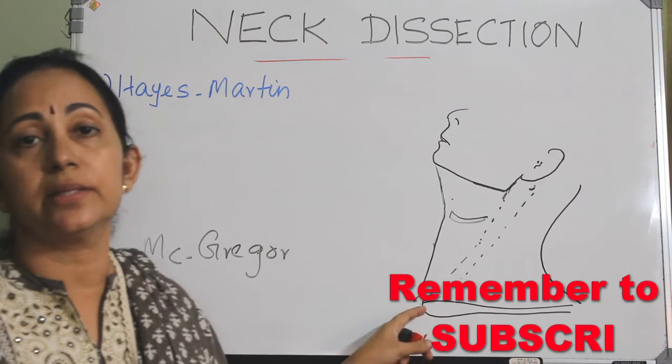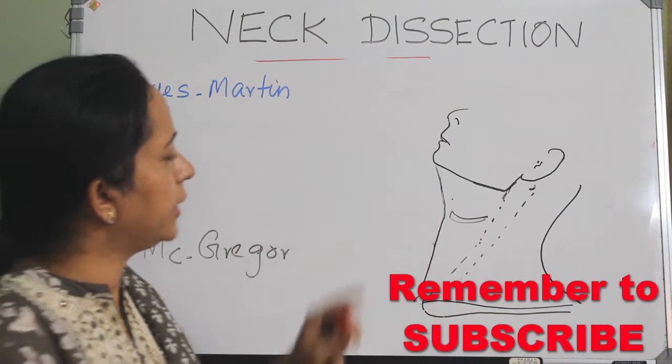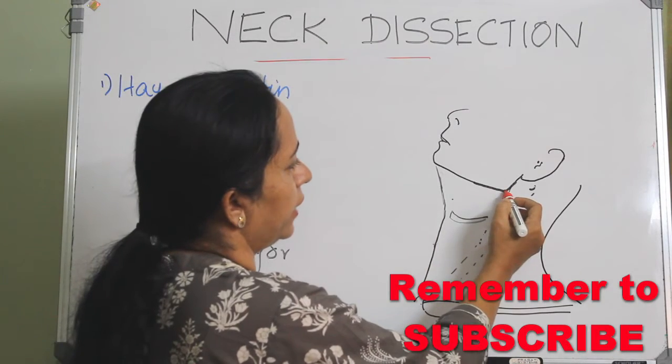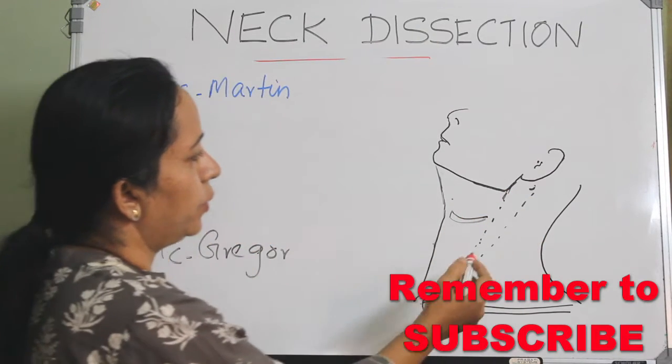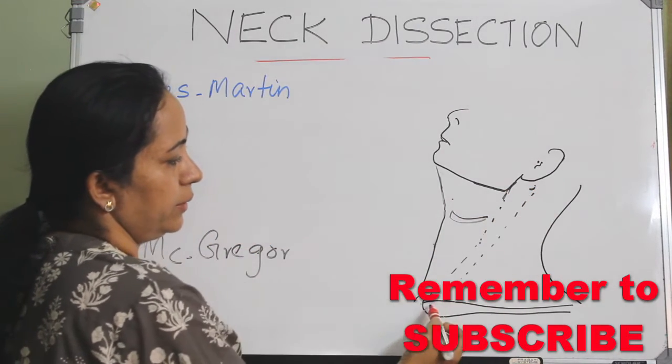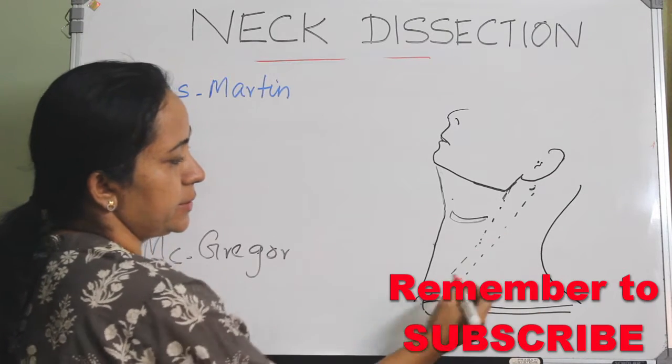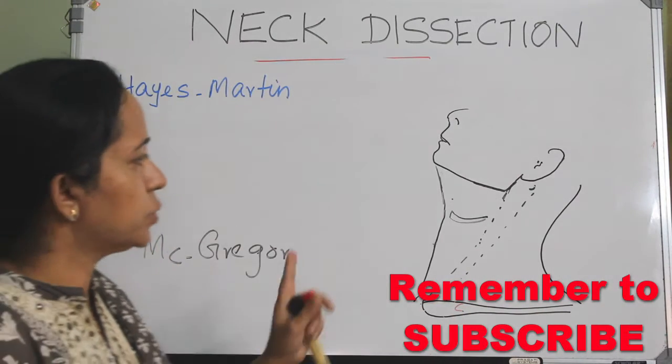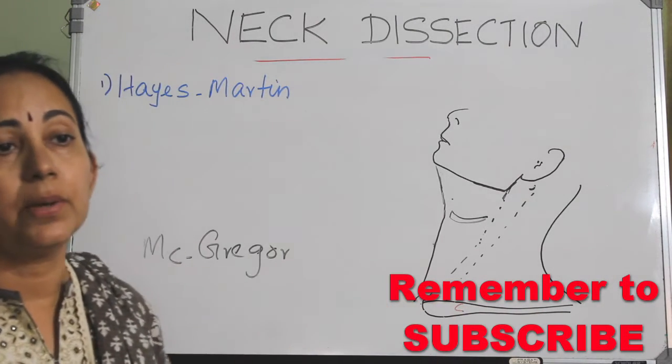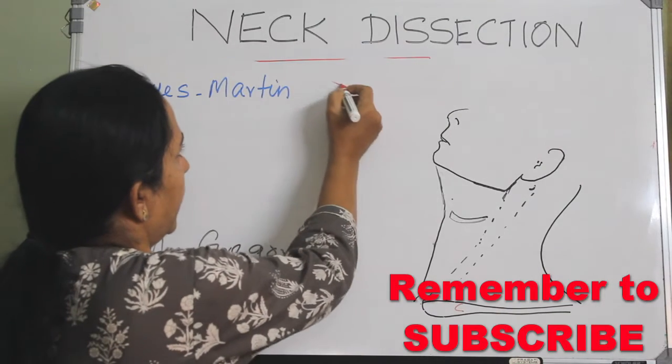The Hayes-Martin is a very old incision, and in this the important landmarks are the angle of mandible, hyoid bone, the tip of mastoid, clavicle, and the sternocleidomastoid muscle. So Hayes-Martin is a double Y incision.